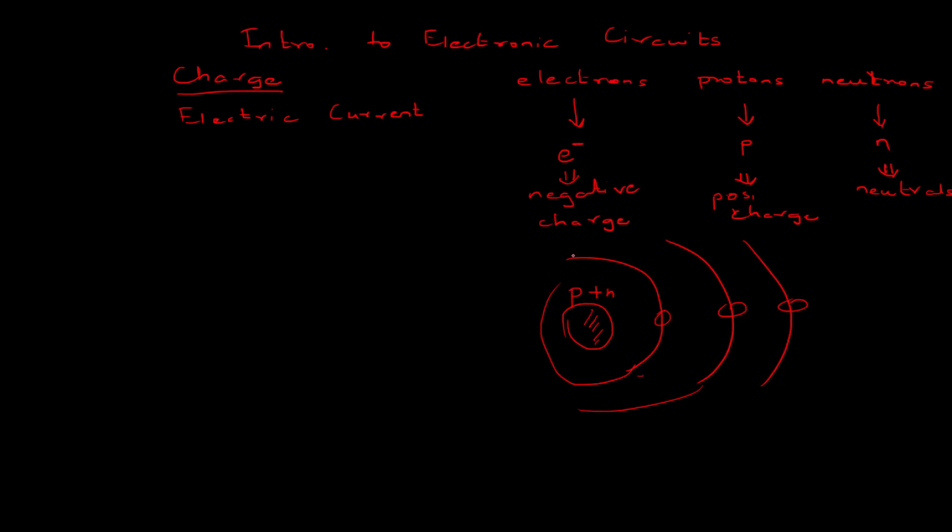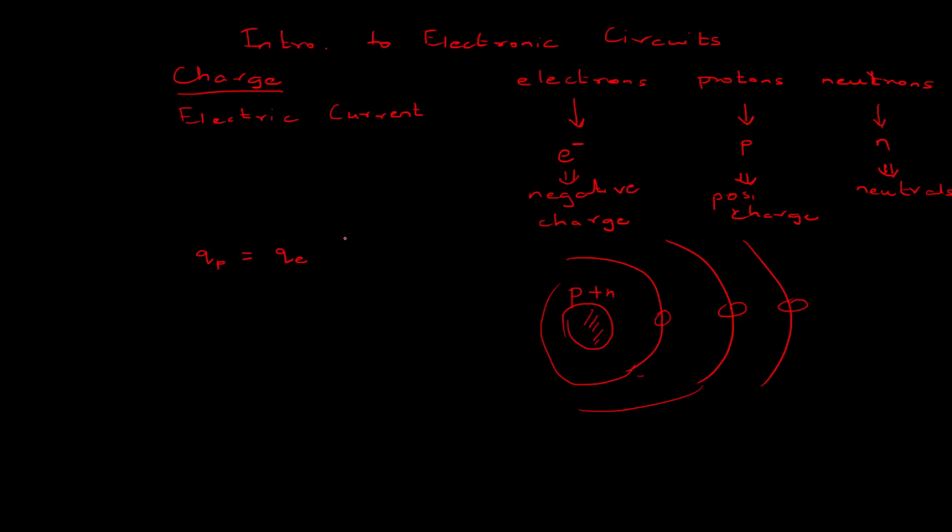Now, in a neutral atom, the number of protons and the number of electrons are equal. The charge on a proton is equal to the charge of an electron in magnitude.